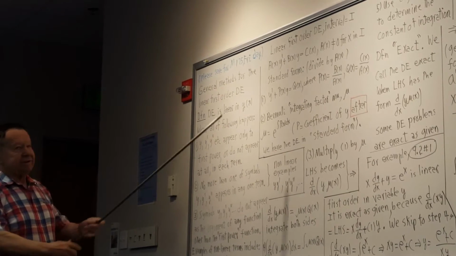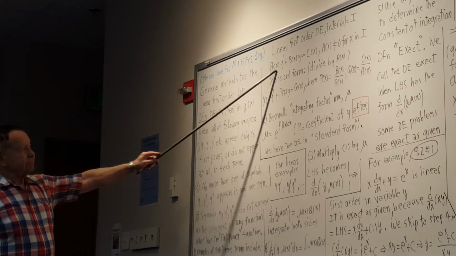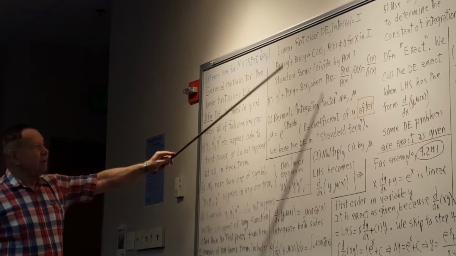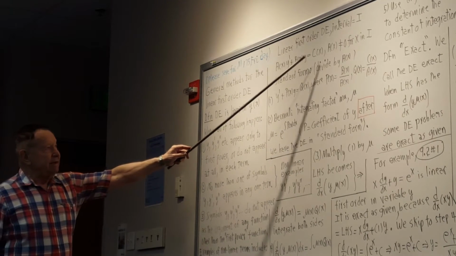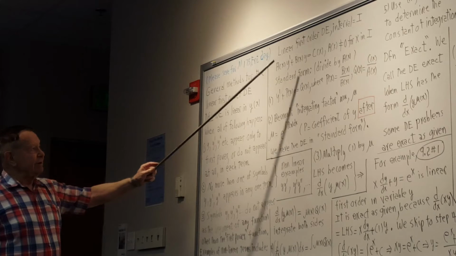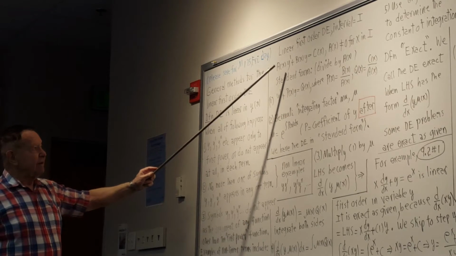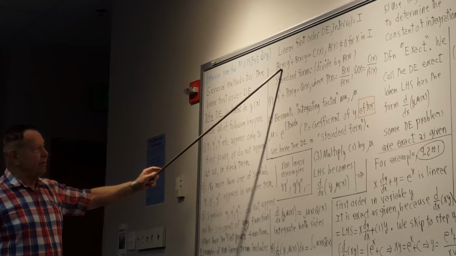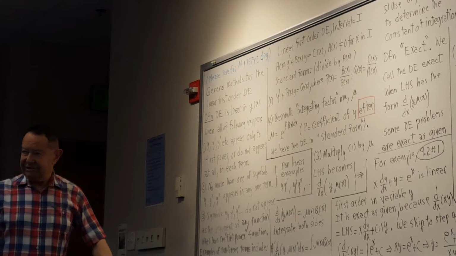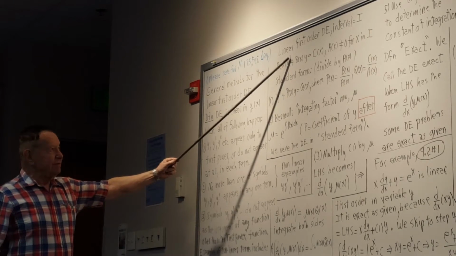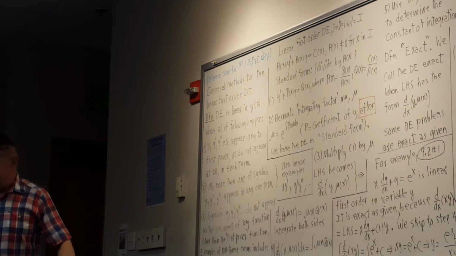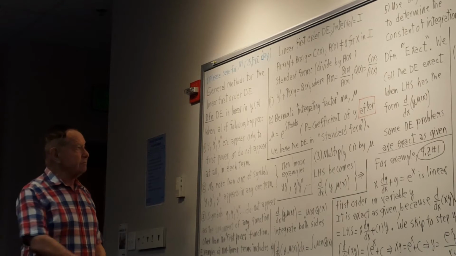So the general situation is perhaps some messy expression involving x times y prime, another one times y, and a third one over here. Also, if it is first order, that means this term is always there, so this coefficient isn't zero for any x in the interval where you're claiming to get a solution. Because if it is zero, then your first derivative's gone and you don't really have a differential equation anymore. So you have that restriction on it.